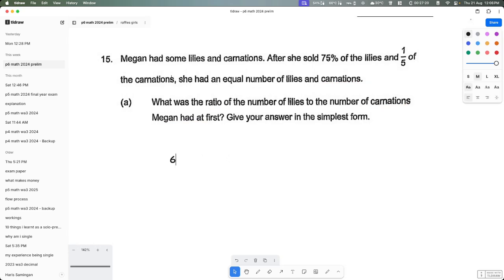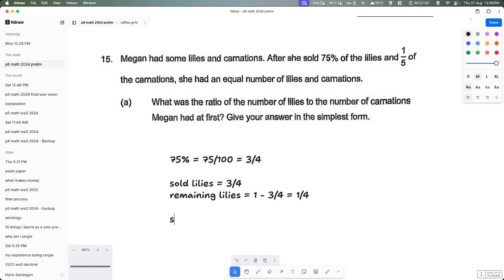Okay, so 75% is equal to 75 out of 100, which is equal to 3 quarters. So that means sold lilies is equal to 3 quarters, and remaining lilies is equal to 1 minus 3 quarters, which is 1 quarter.